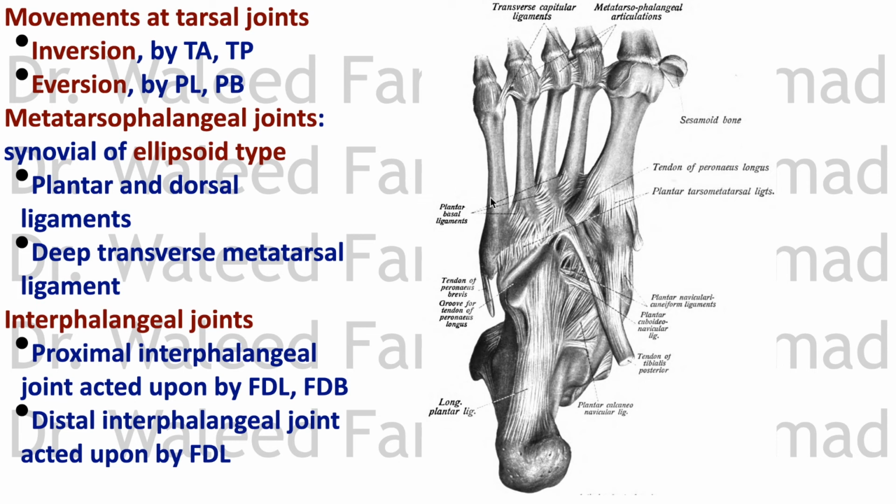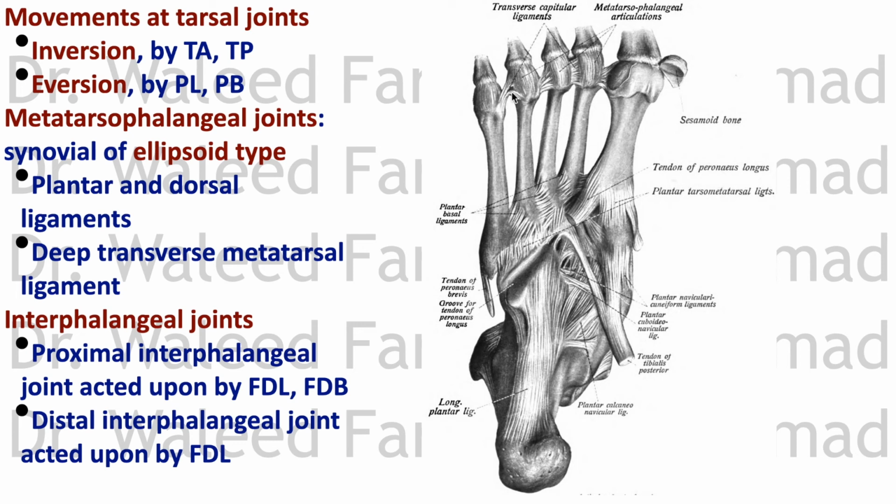The metatarsophalangeal joints are synovial of ellipsoid type because they have flexion and extension, and they have side-to-side movement. Okay, abduction and adduction, side-to-side movement. It is a biaxial joint and has plantar and dorsal ligaments, and also has the deep transverse metatarsal ligament.